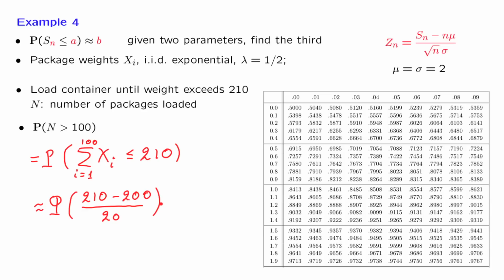So we're looking at phi of 0.5, which we look up at the standard normal table and has a value of 0.6915.